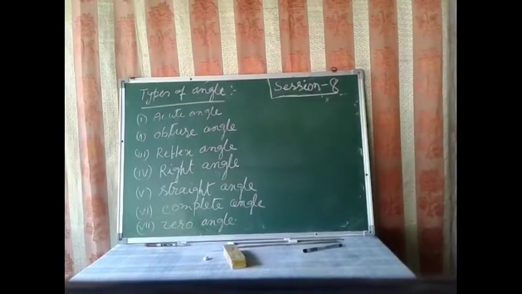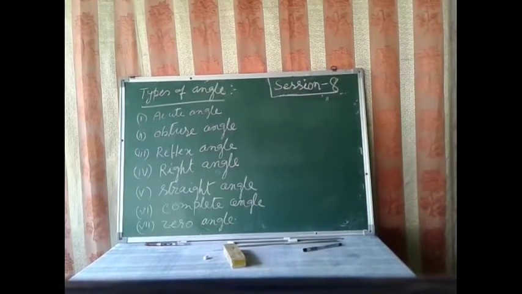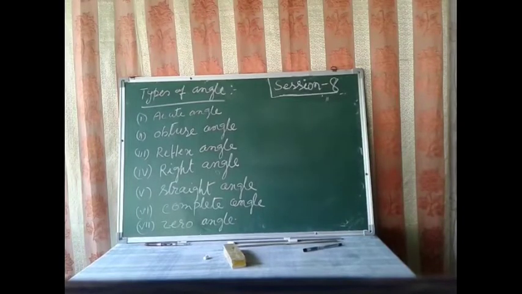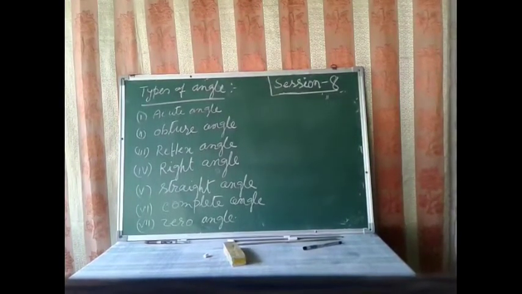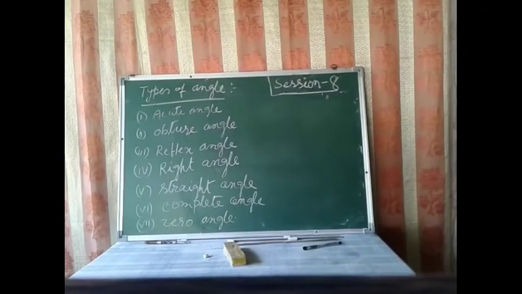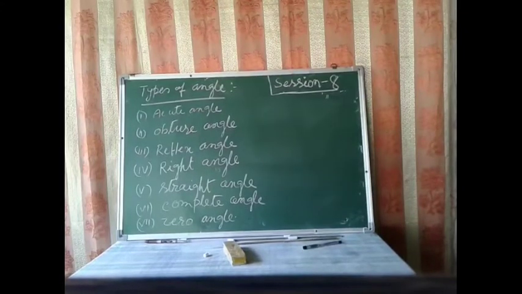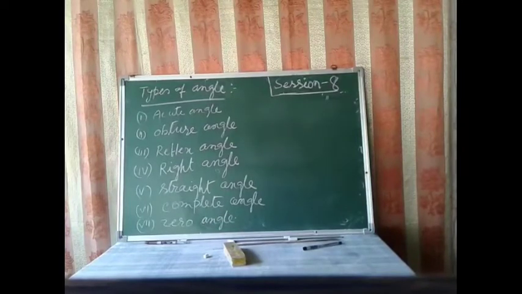Now students, I want to discuss types of angles. So what are the types of angles? There are acute angle, obtuse angle, reflex angle, right angle, straight angle, complete angle, zero angle. Now, what is an acute angle?